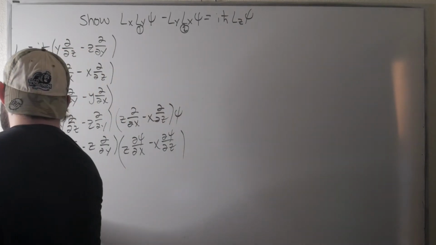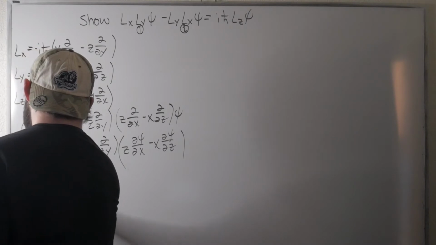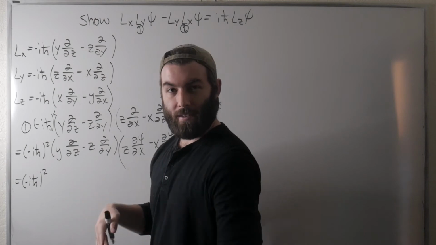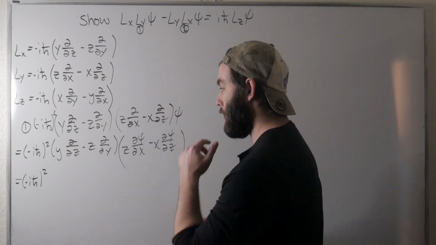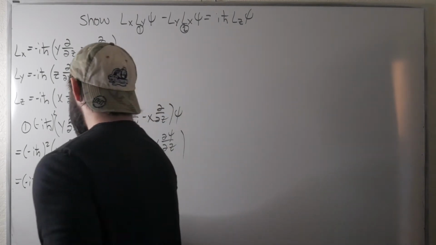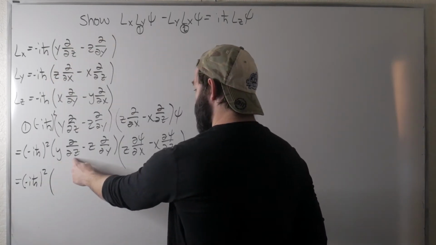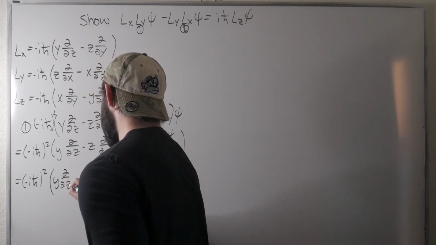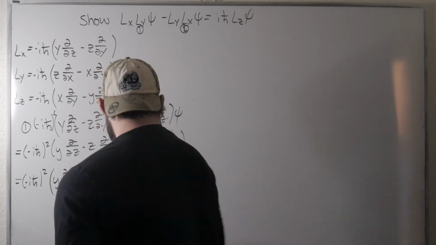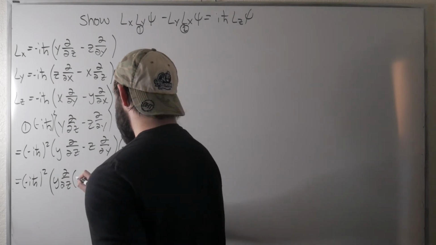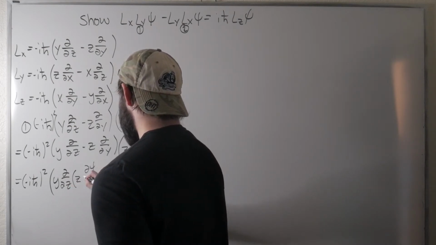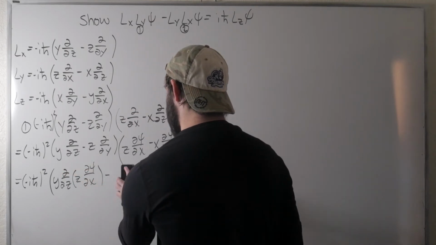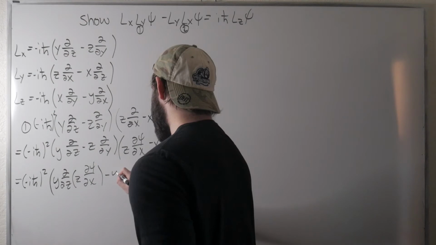So this is equal to minus i h bar squared. I get that minus i squared is minus 1, but this is going to make things come out nicer in the end so that we don't have to think too much. So this is equal to y d dz of z times d psi dx, minus, so I'm really just distributing right here, minus y.